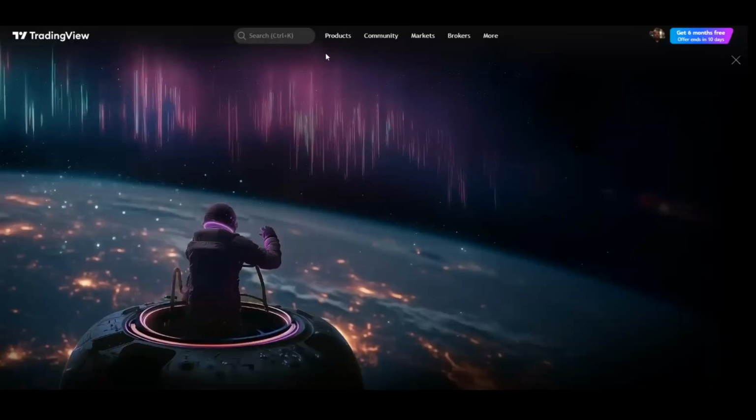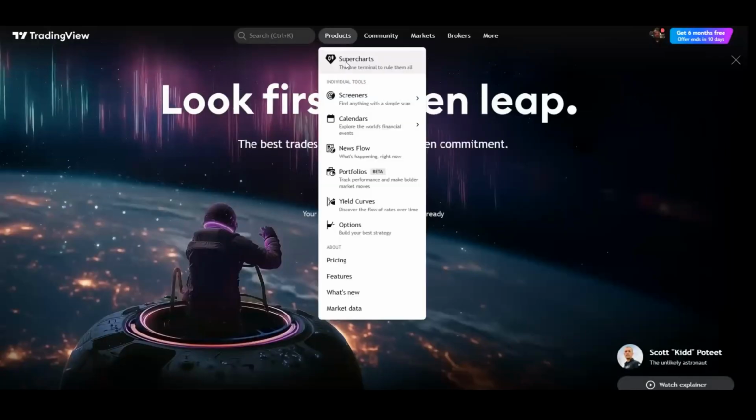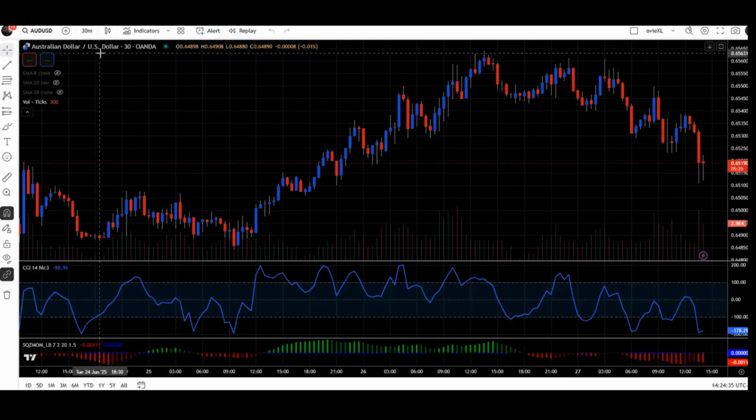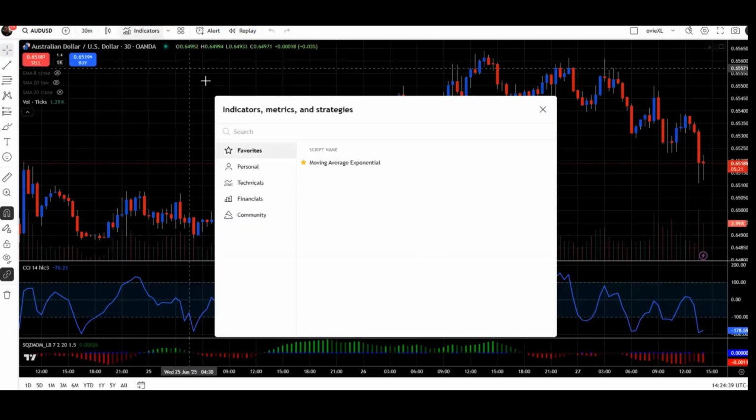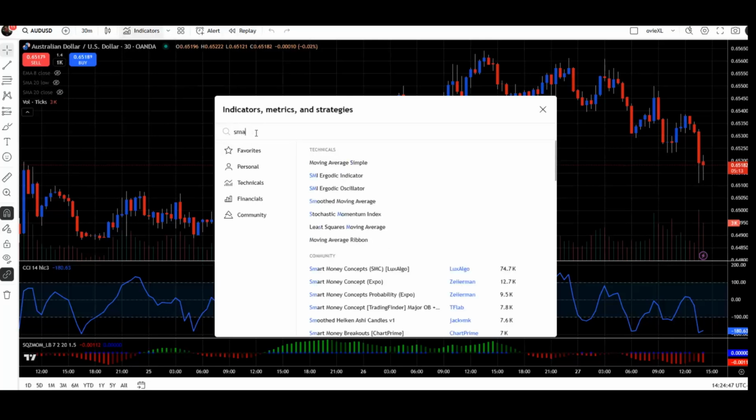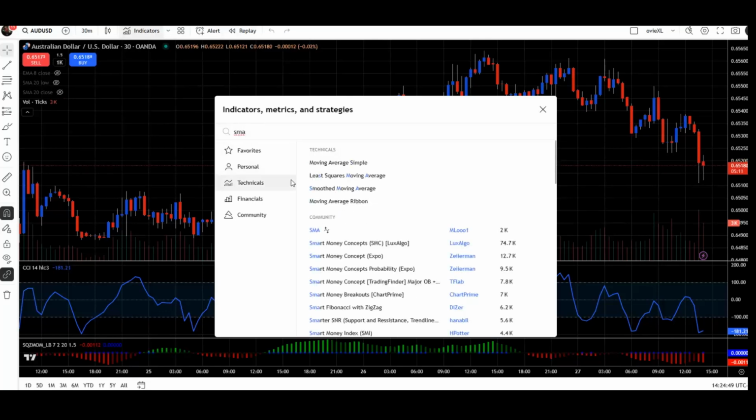You want to look for the SMA or the MA, it doesn't matter. The first thing we do is go over to indicators, and then type in either the MA or the SMA. But for this illustration, we're going to select the SMA, which is the smoothed moving average in this area.